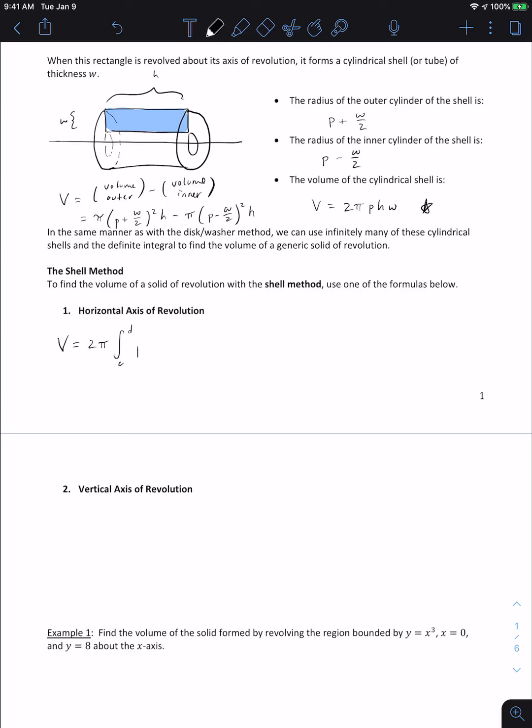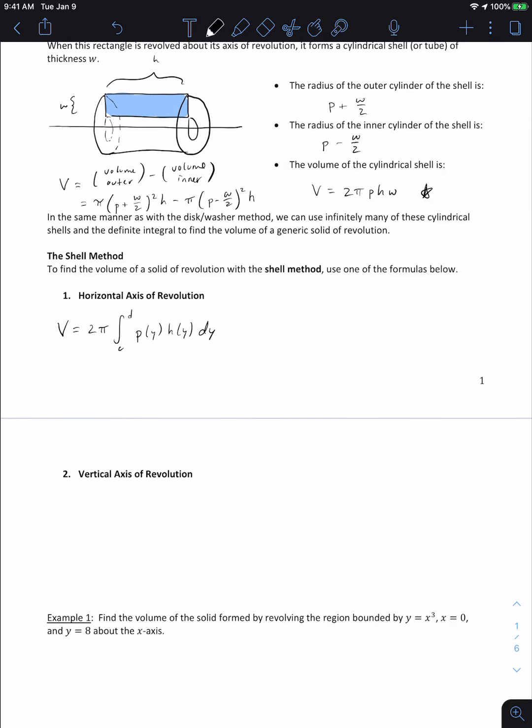And then now I do p of y, because p is going to be a function of y in this case, and then h of y, because that's going to be a function of y in this case as well. And then that w is actually going to end up being the width, right? That's what it stands for. And remember, the width is like the delta y. And then when I take infinitely many, when I do that limit to get the integral, it turns into a dy. So this is my formula if I have a horizontal axis of revolution for the shell method.